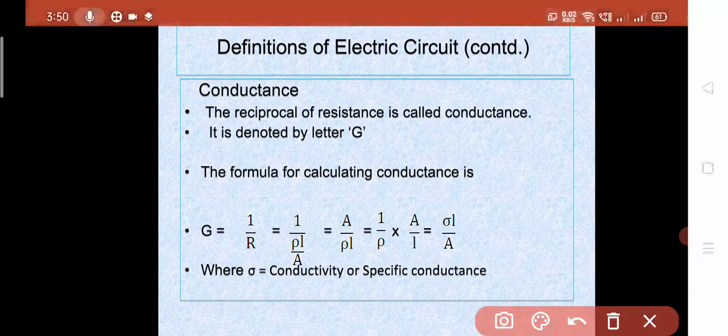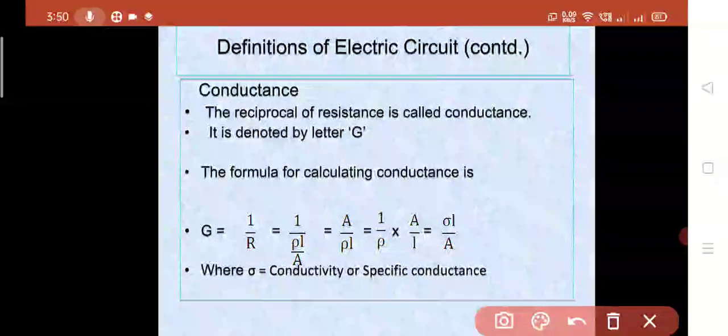Next one is conductance. First point, the reciprocal of resistance is called conductance.